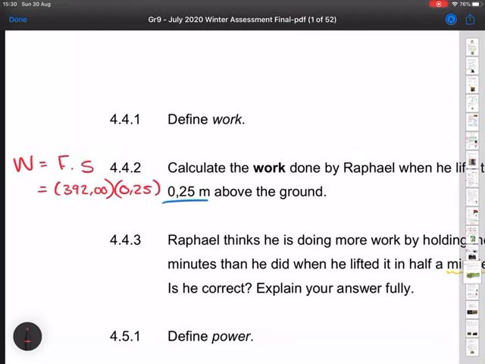You don't need to convert because meter is the SI unit for distance. If it was in centimeters or kilometers, then you would need to convert. But it's already an SI unit, so no conversion necessary. So that means 392 times 0.25 gives us 98 joules. Remember, 2 decimal places. If you wrote it in scientific notation, 9.8 times 10 to the 1 joules.